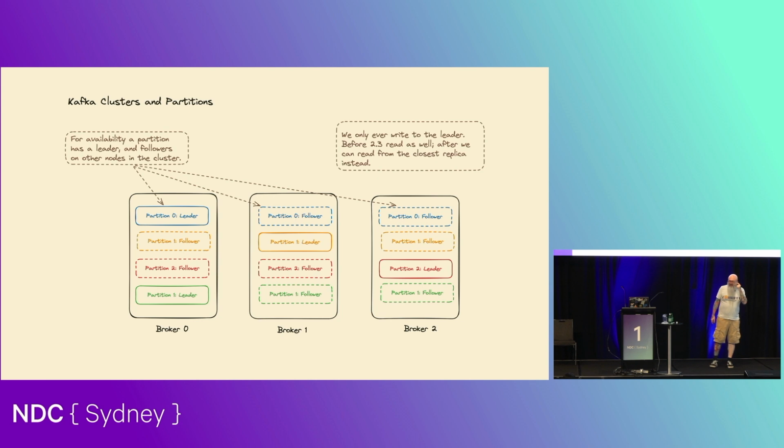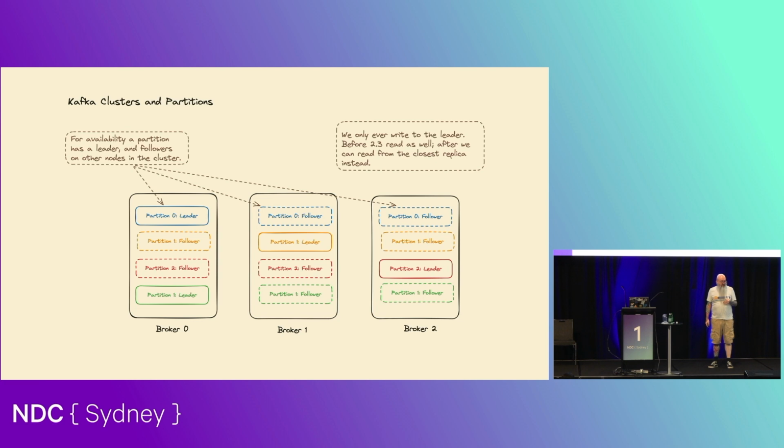And what happens is your partition for a given topic, it writes to one of the nodes, which is the leader, and then from the leader, it is copied to the other nodes in the cluster. So if I lose one of my nodes, hopefully one of my follower nodes will have all of the work that I needed to write.